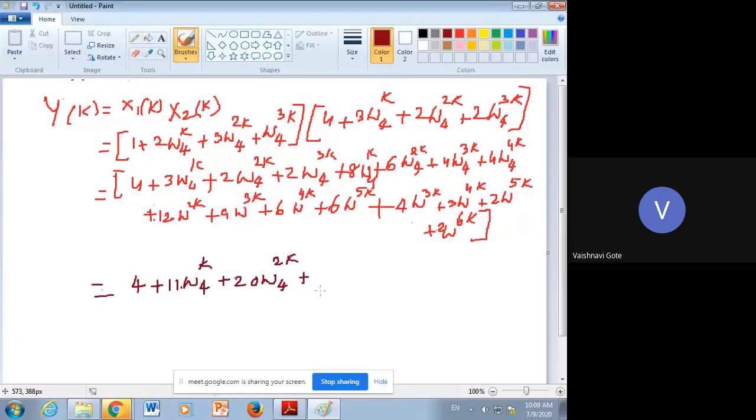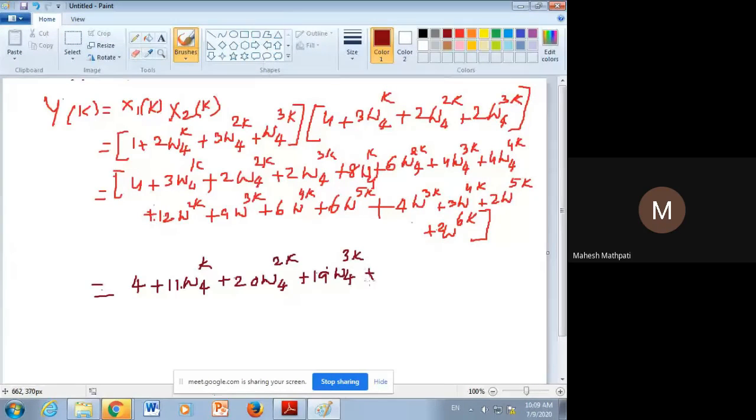Then plus what is next? For the 3K power, add 19. This is 19. Correct, right? Just check all. Yes, sir. It is 19 W4 to the power 3K. Okay.